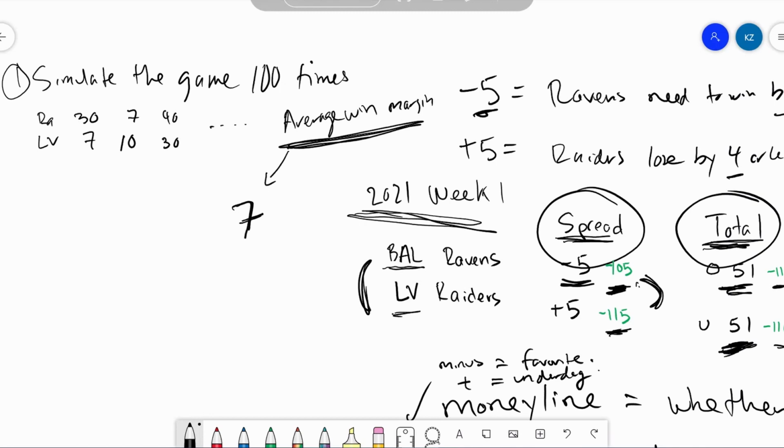So of all these simulated games, the Ravens end up winning by an average of 7 points. That is how they come up with the spread, because the odds you're placing here are close to 50-50. It's about 51 or 52% for that -105.